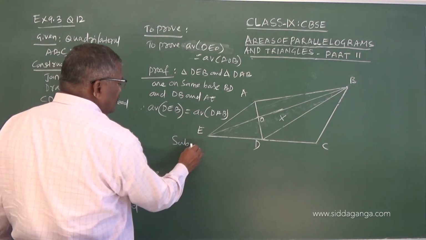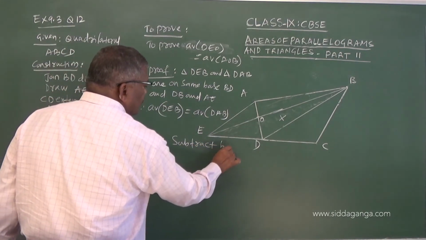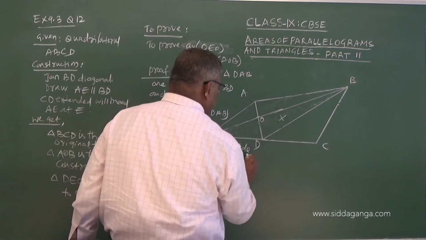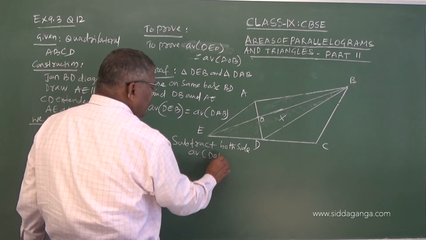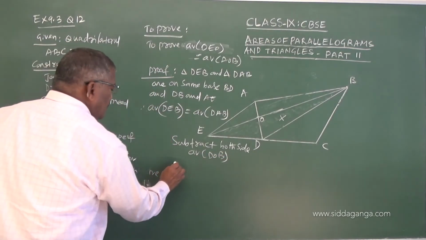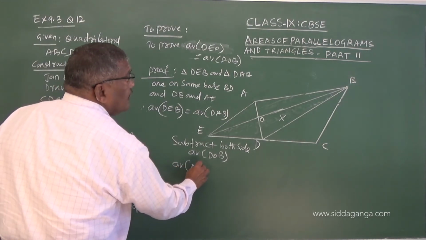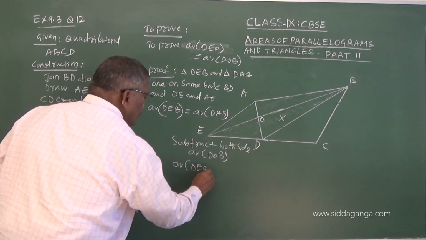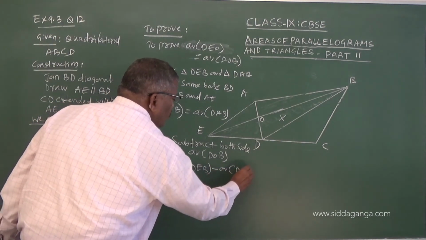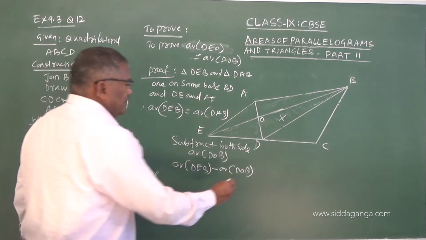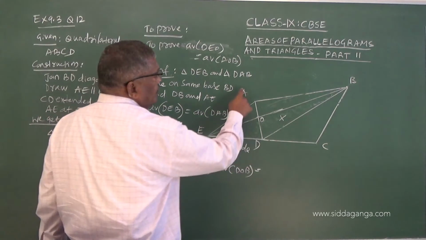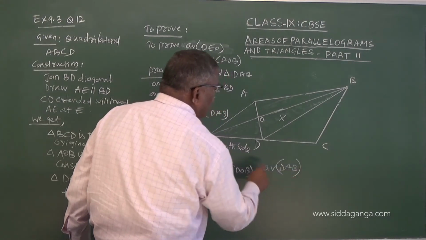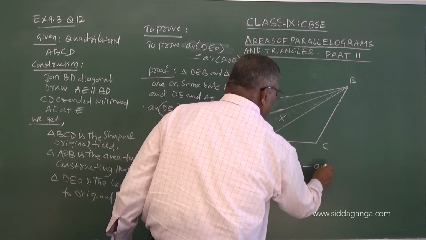Subtract area DOB from both sides. So, in DEB, observe here, in this total area you subtract area DOB, and on the right hand side, from the area DAB, subtract area DOB.